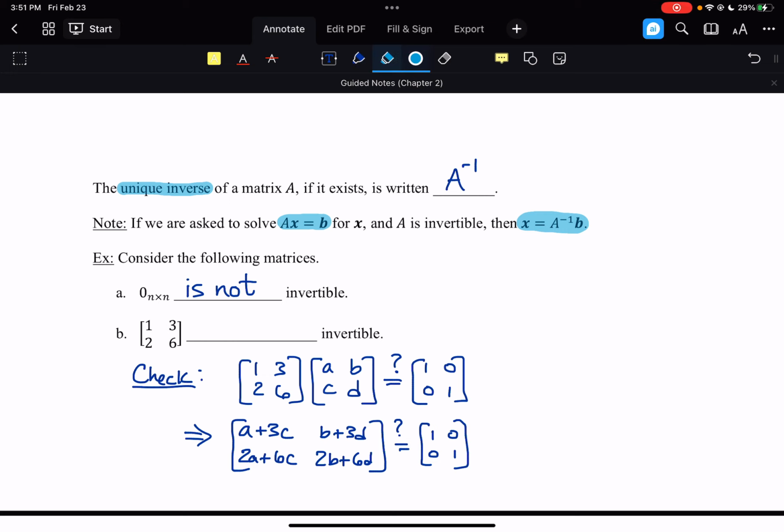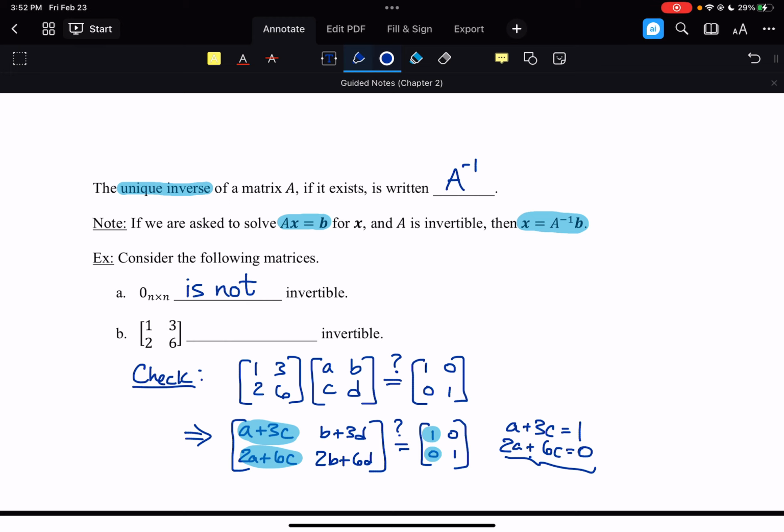Now, if we just look at a couple of these components, so like this one, we have A plus 3C equals 1. And then if we look at the 2, 1 component, 2A plus 6C equals 0.